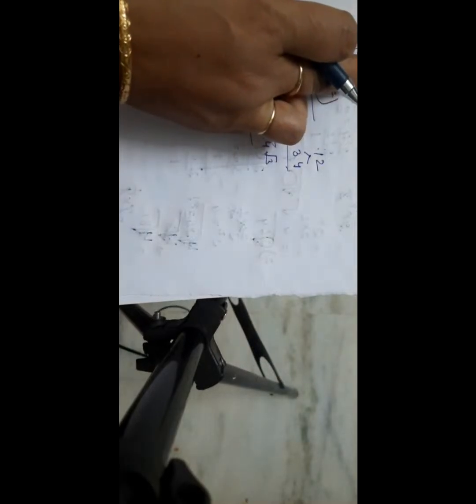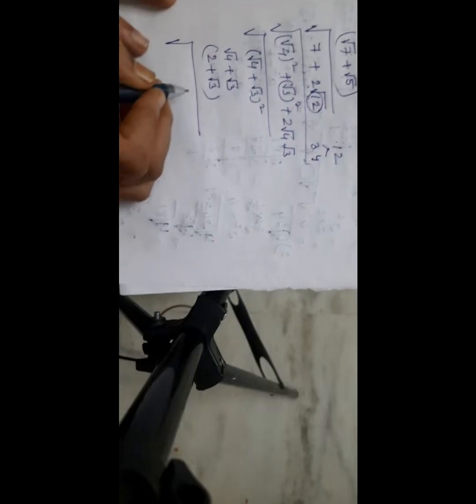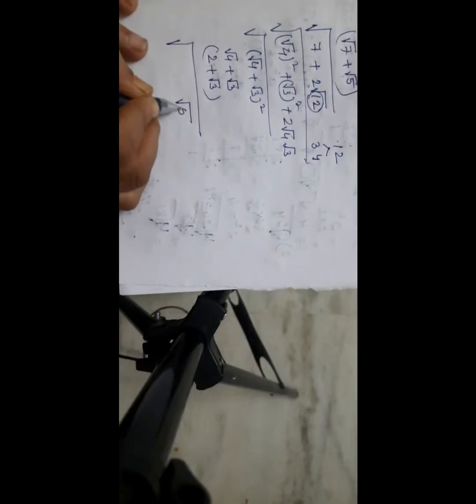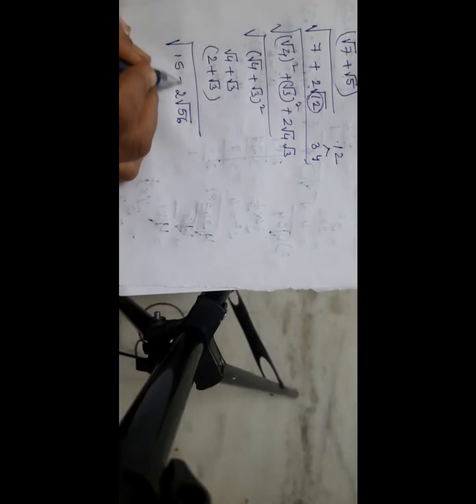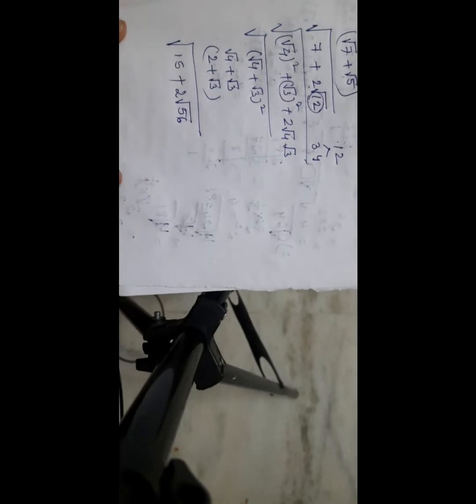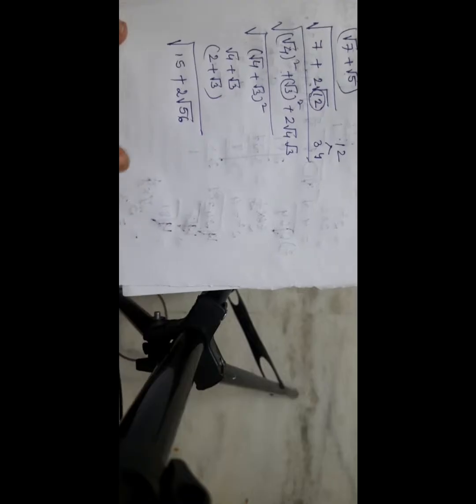Now solving one more question, and I'll wait for your comment where you will be providing the answer to me. So in the next question, here, the root of 56. See, when you are solving IIT level questions, by splitting you can know the answer directly. Here 56 is there.